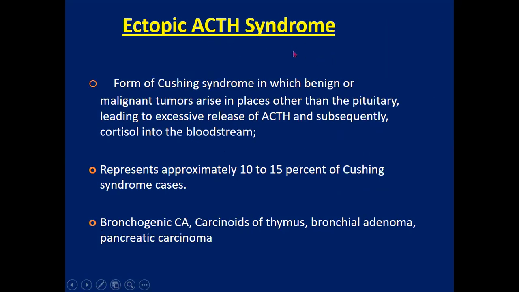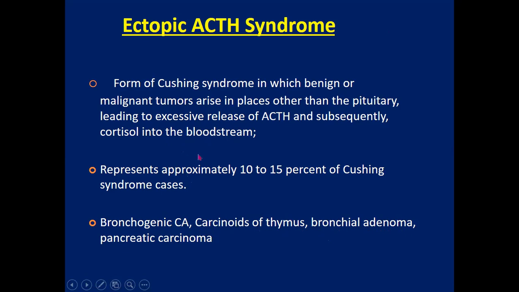Ectopic ACTH syndrome is the form of Cushing syndrome in which a benign or malignant tumor arising in places other than the pituitary leads to excessive release of ACTH and subsequently cortisol into the bloodstream. It is about 10 to 15% of the cases of Cushing syndrome. These are the causes: bronchogenic carcinoma, carcinoids of the thymus, bronchial adenoma, and pancreatic carcinoma. These are a few common causes.